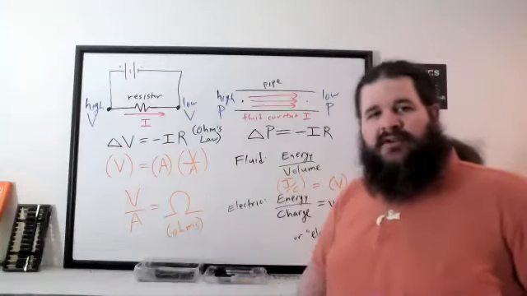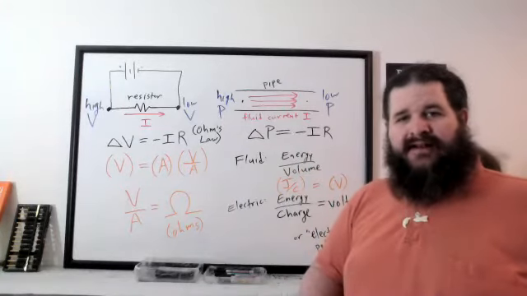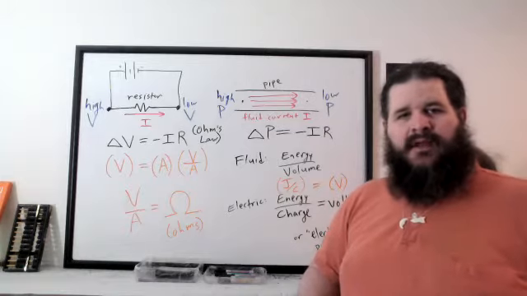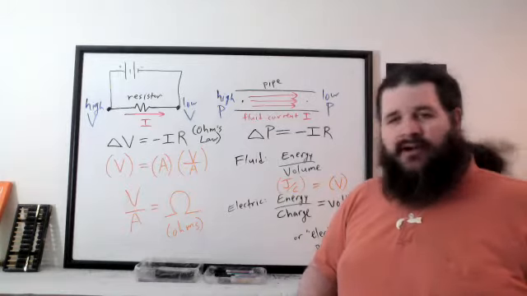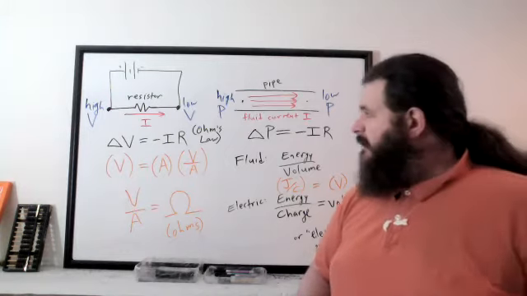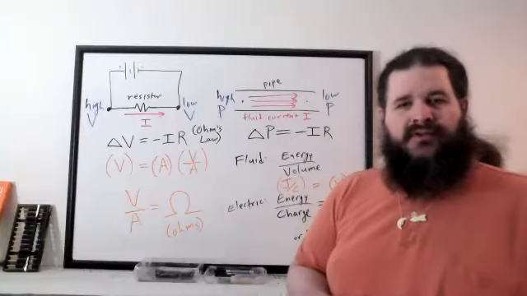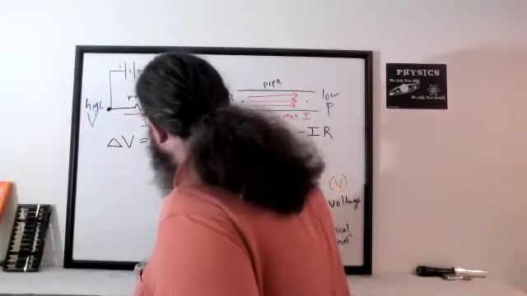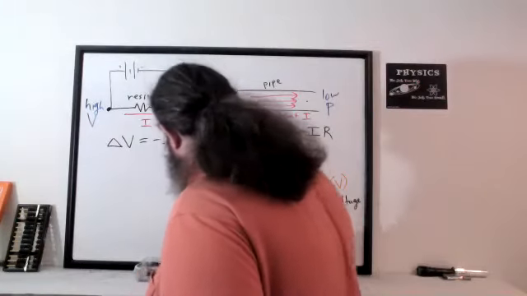So the battery is using a chemical reaction going on inside its casing to cause this difference in voltage. And that difference in voltage can cause current to flow through other parts of the circuit. But that's really all a battery does. A battery just provides a boost in voltage. And typically the way that is written is another simple equation.